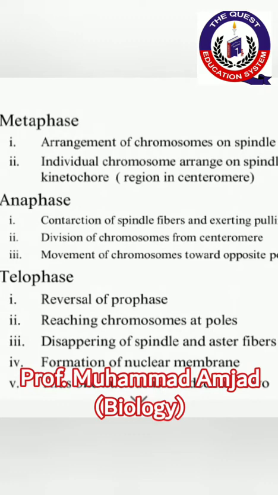Next is the formation of the nuclear membrane, which disappeared in prophase. Due to the formation of the nuclear membrane, one nucleus is divided into two, and at this stage the process of karyokinesis completes, because karyokinesis is the division of the nucleus in which one nucleus divides into two.